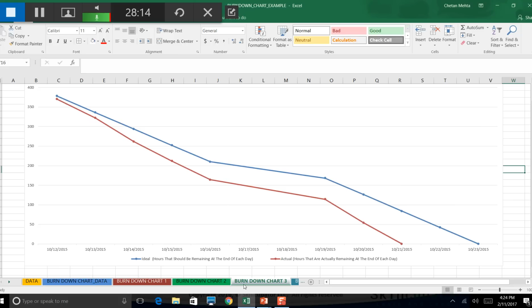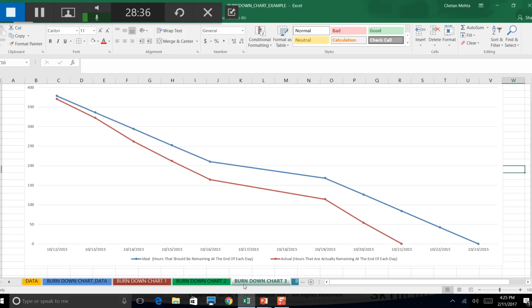Now, this is based on Excel. Now, the tool doesn't matter. The logic and the concept is same. Whether I'm using Excel, I'm using a whiteboard, or I'm using any of these tools like Jira, Rally, the concept is still the same.